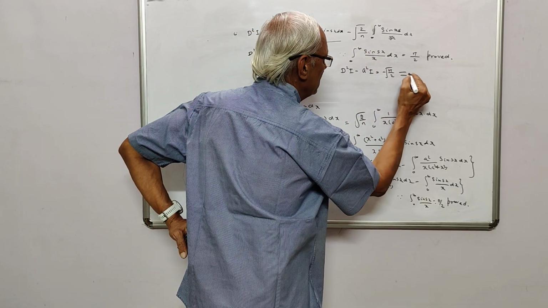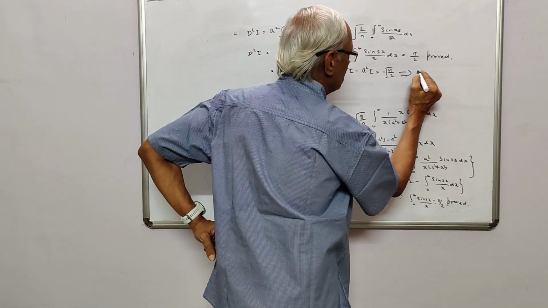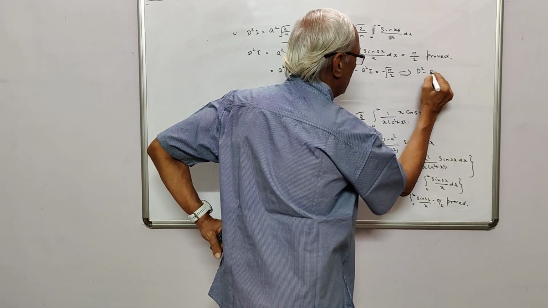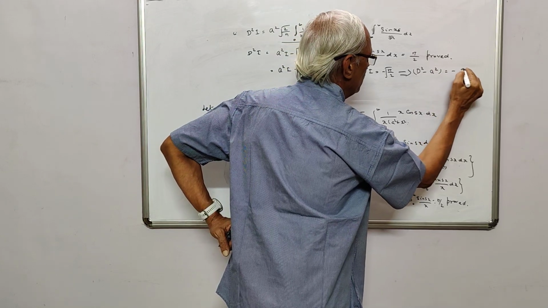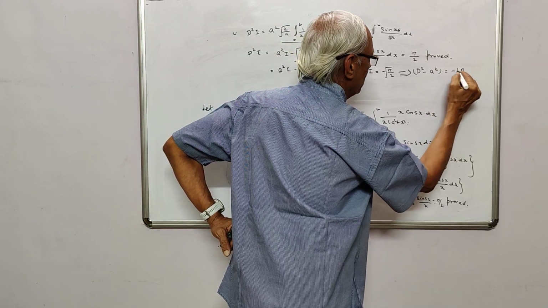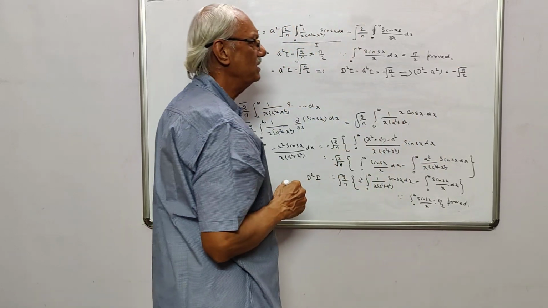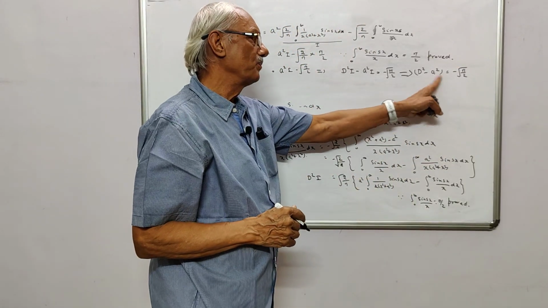So this implies d squared minus a squared is equal to minus pi by 2. So this is a differential equation of second order. Here I.